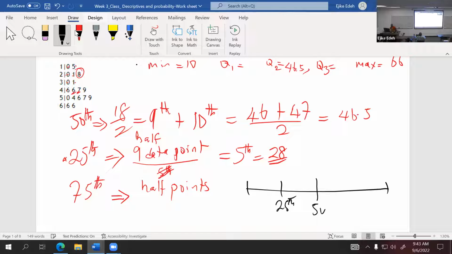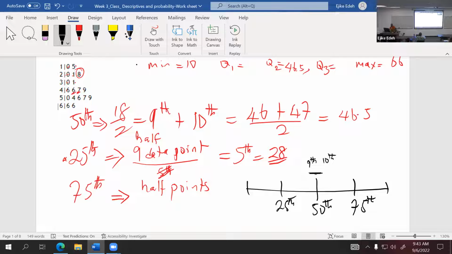From here is the 50th percentile, the second quartile. Here will be the 75th percentile, right? If I divide this into 4, we know here that the half is the 9th and 10th position, right? Those two are in the middle. So we added the value at those two positions and divided by 2.